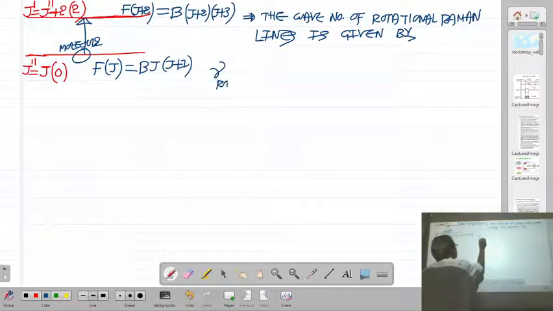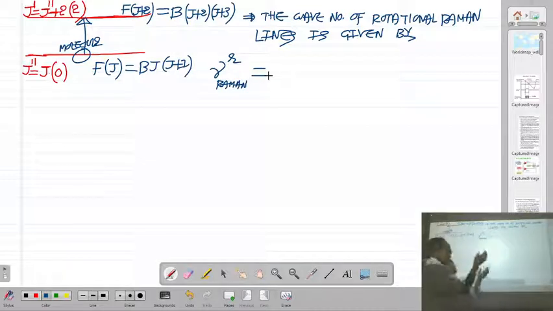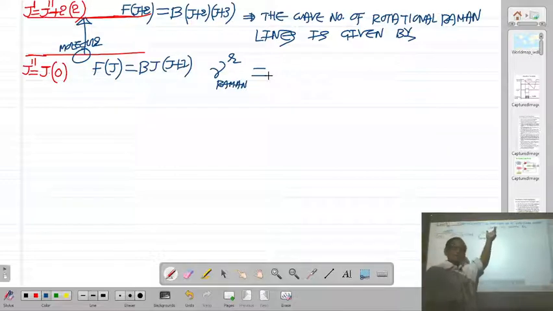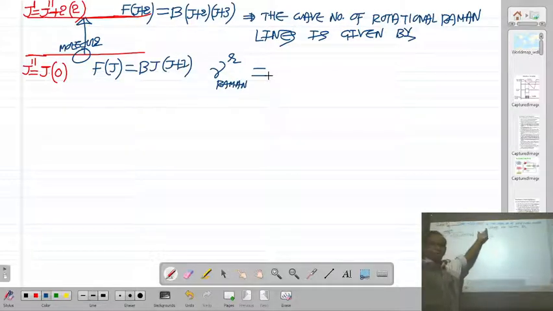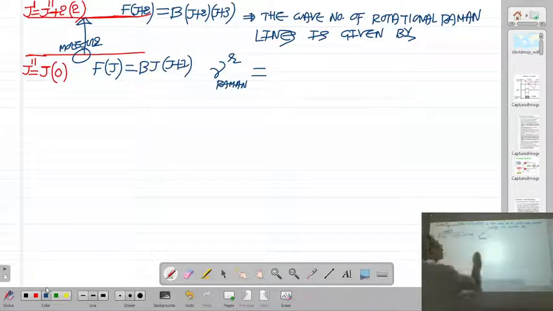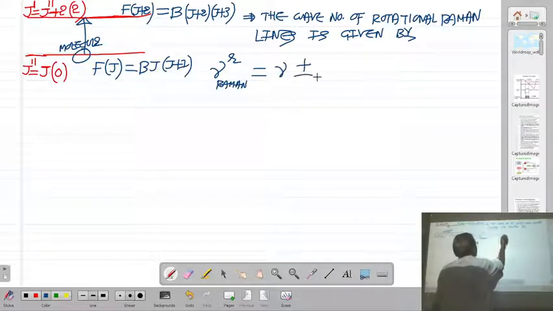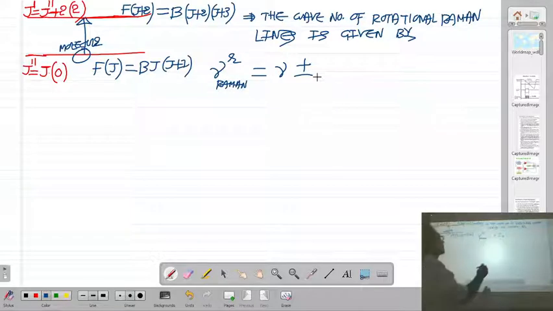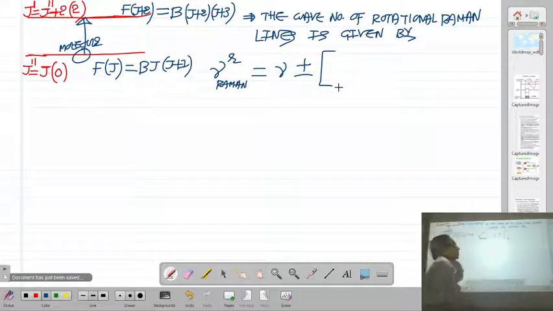nu Raman. It is the wave number of the rotational line. For the wave number of the vibrational line I mentioned nu here. What is nu? That is the wave number of the vibrational Raman lines, and here I am writing the wave number of the rotational Raman lines as nu Raman rotational is equal to nu plus or minus the difference of rotational term values.